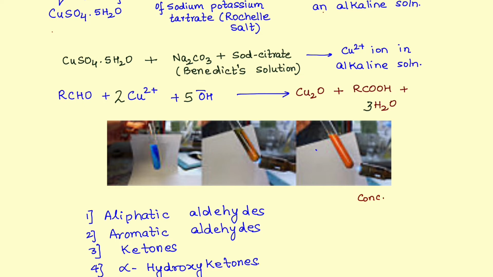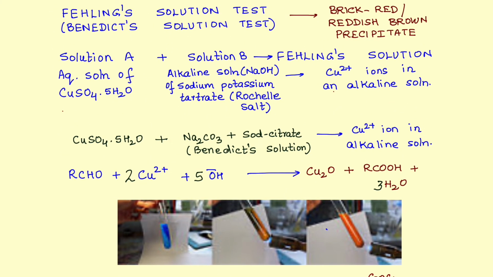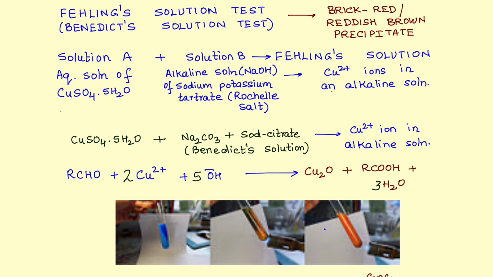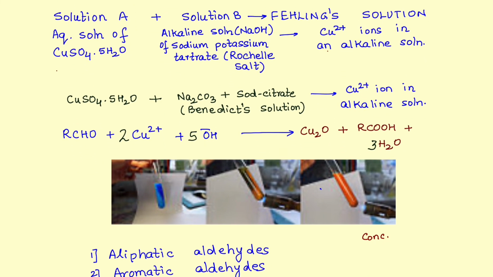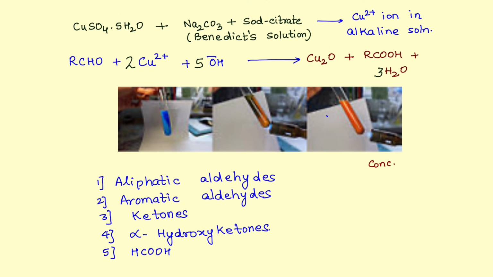But for the level that I am teaching right now, we are concentrating on grade 12. I think for you brick red precipitate should be a good benchmark to decide whether a particular compound is an aldehyde or not.